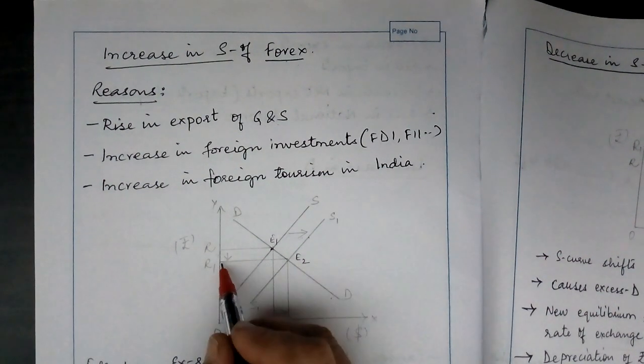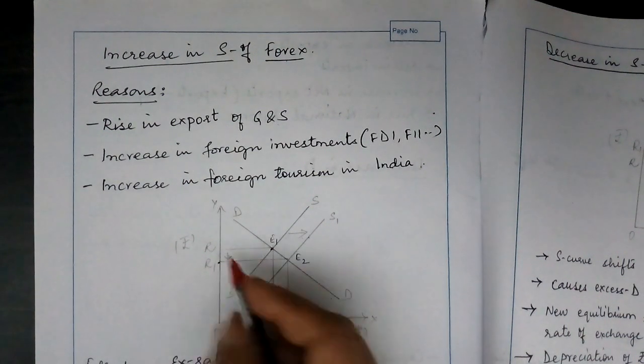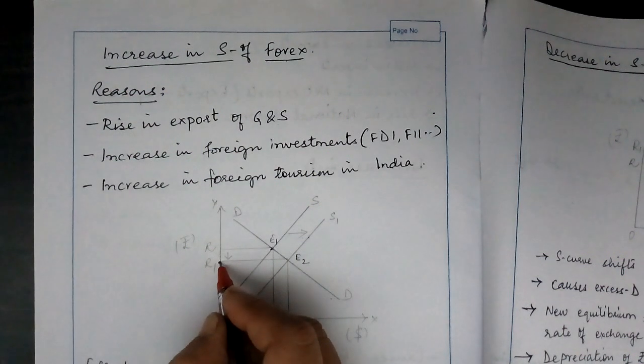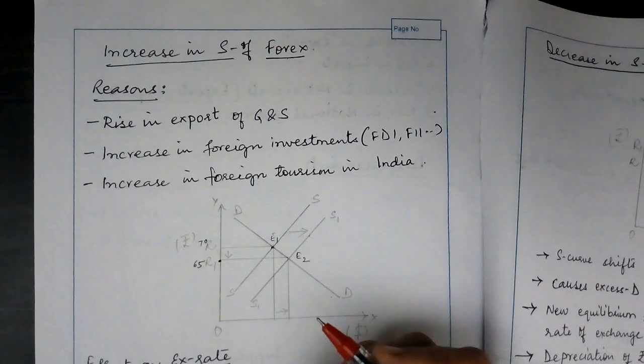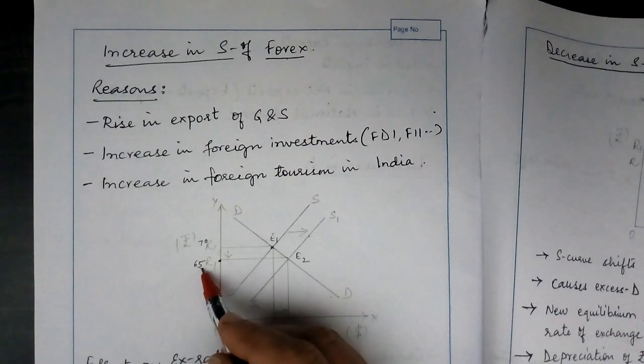And hence, a new rate of exchange would be reached here at R1, that is from 70 to 65. This is appreciation of rupee.